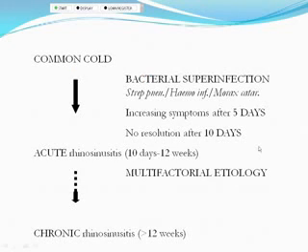In terms of the basic pathophysiology, these are commonly triggered by a common cold or a viral infection, such as a paramyxovirus or an influenza virus. So you typically start with some symptoms. The patient starts to get better, but then acutely, all of a sudden, starts to get worse because they have bacterial superinfection with the usual suspects that you all know about, and then you'll have increasing symptoms.